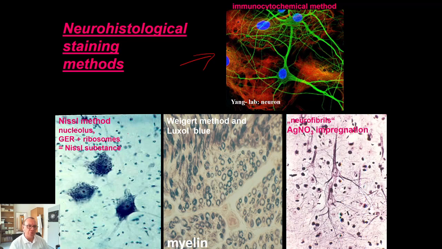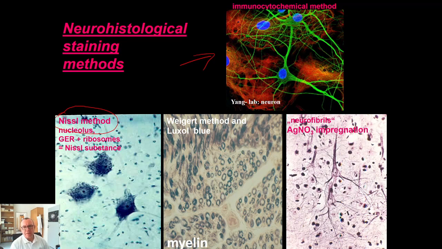But there exist also classic neurohistochemical methods, like for example Nissl methods, which is based on the toluidine blue, staining the Nissl substance, and also nucleolus is very well stained. We will use one slide in our practical training, so you will see the Nissl method of staining.